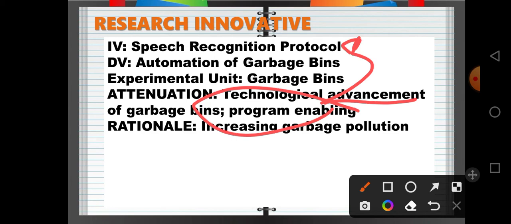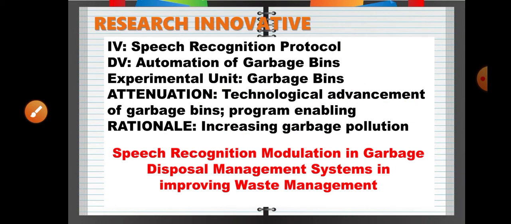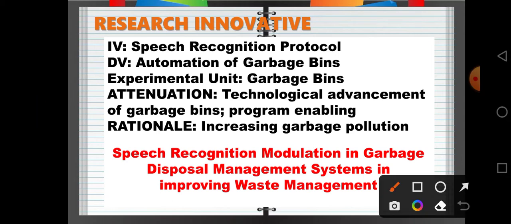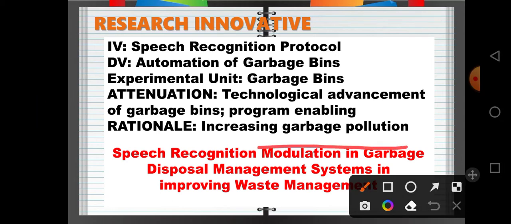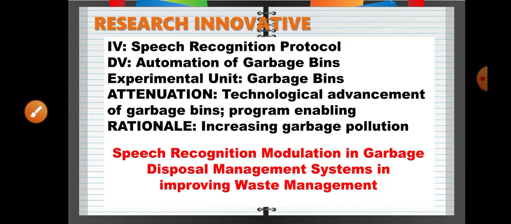And our rationale here, the existing problem, is the increasing garbage pollution. So we can formulate a study entitled Speech Recognition Modulation in Garbage Disposal Management Systems in Improving Waste Management. Again, you can convert this title into an acronym. It is your choice. So that will be our example for research innovative.